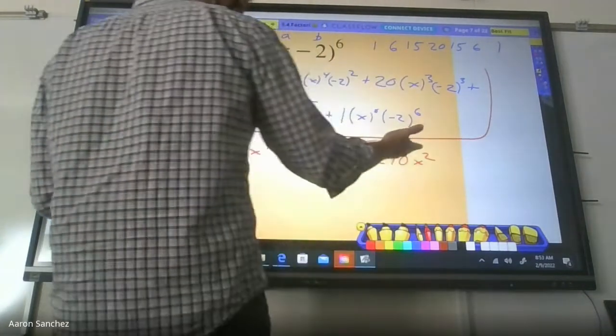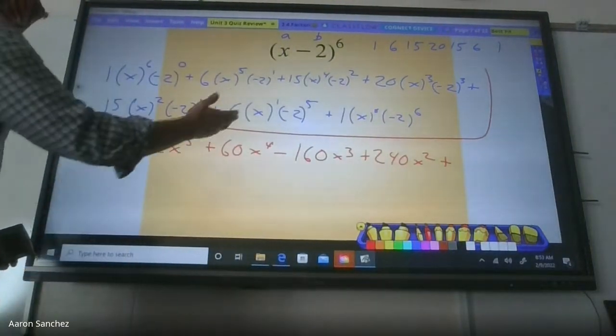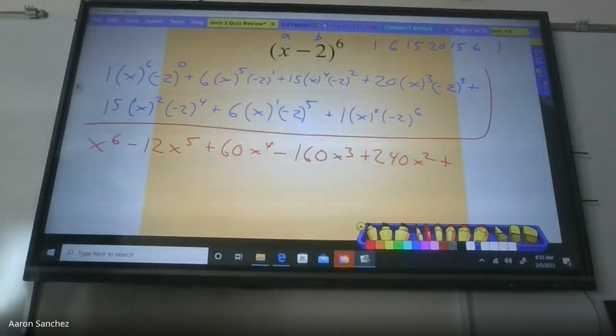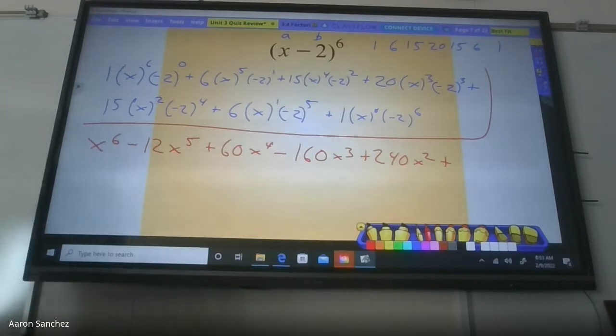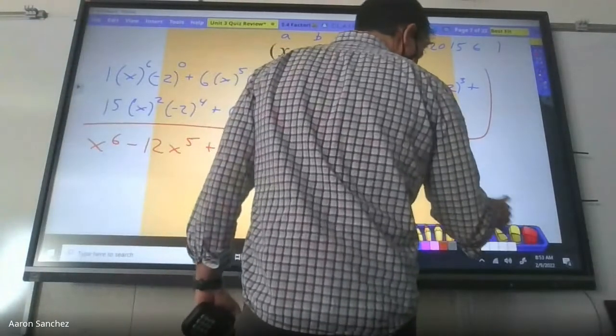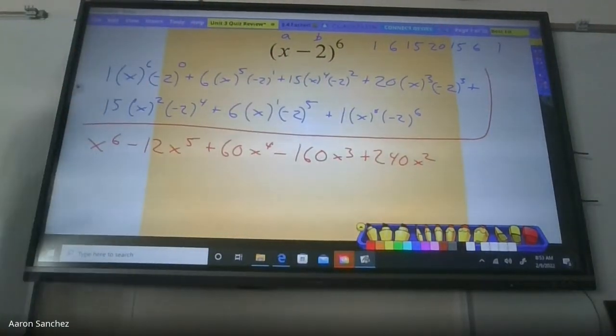The x's go down. This will be x. 2 to the 5th. 2 times 2 is 4, times 2 is 8, times 2 is 16, times 2 is 32.